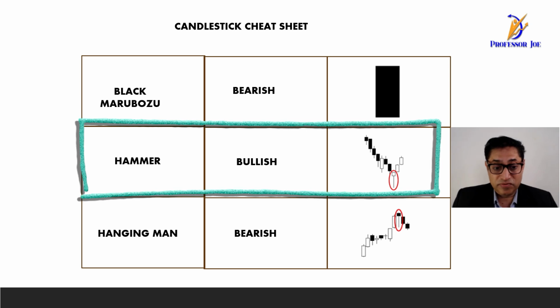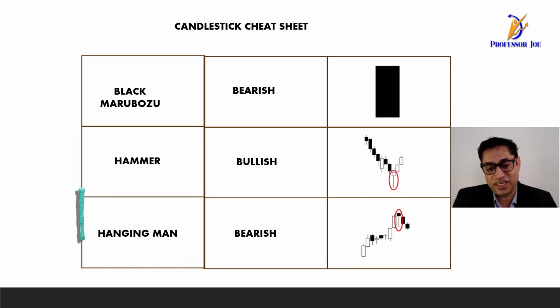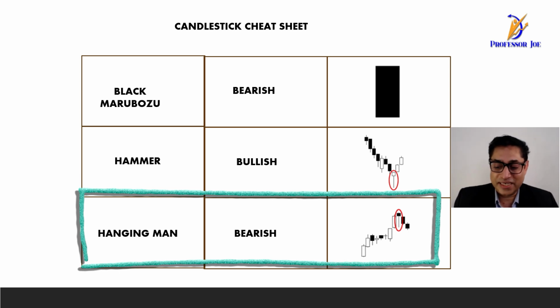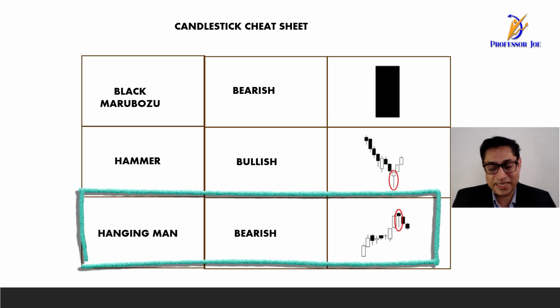A hammer, found at the bottom of the chart, is a bullish candlestick pattern. A hanging man, which looks just like a hammer but is found on the top of the chart, is a bearish candlestick pattern. Remember, both look like a hammer, but one is found at the bottom, so it becomes bullish, and the second is found at the top of the chart, so it becomes bearish.